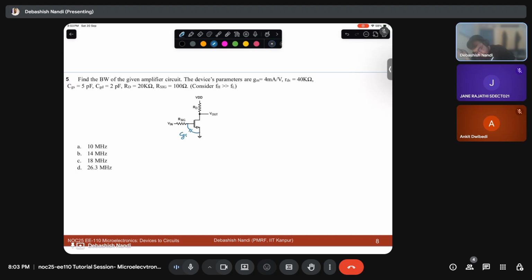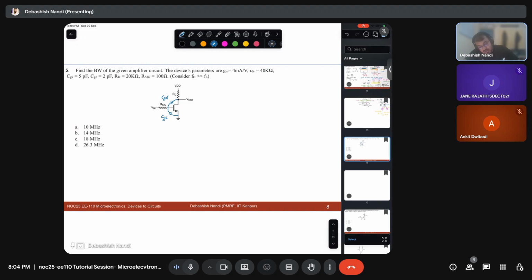This is my CGS. They have given CGD and RD, R signal are given. Values are given, right? So we need to find out the bandwidth of the circuit. So how to proceed? Any idea? What do we mean by bandwidth?